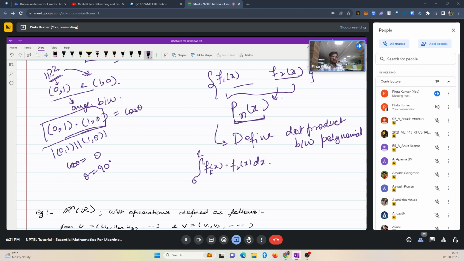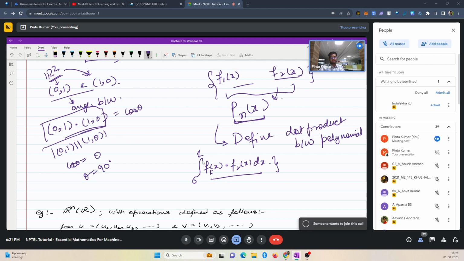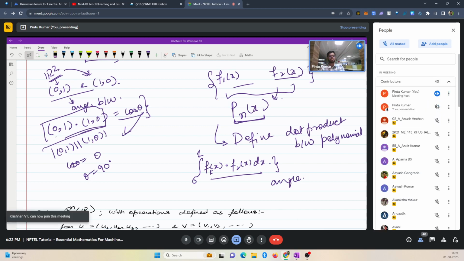This will give you the value of the dot product that you obtained using the rule on the R2 side. Then you can use the same thing to obtain the angle between these two polynomials, right? This is what I was saying, that once you are able to mold this into a vector space, there are many properties that you can straight away use from the setup of R2.